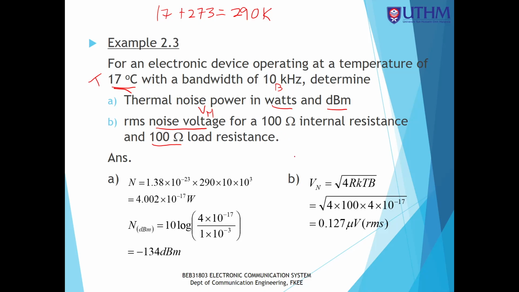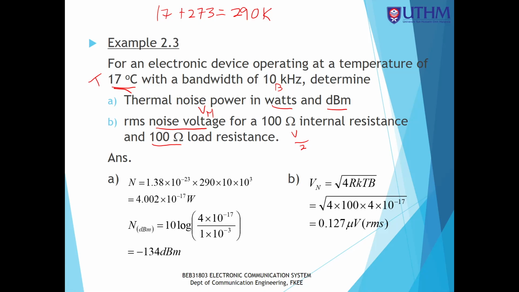If both of these are equal, the voltage drop across the load is going to be Vn over 2. To avoid confusion, this is V over 2, the voltage from the source divided by 2, like in the previous slide.